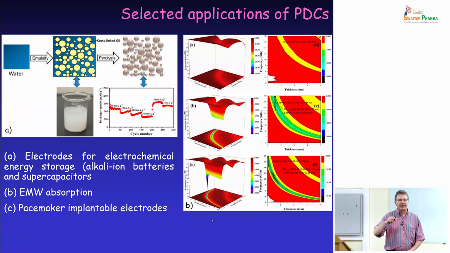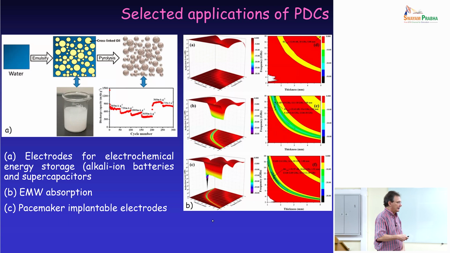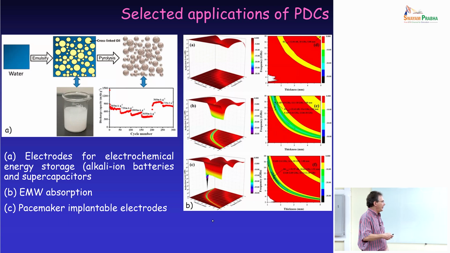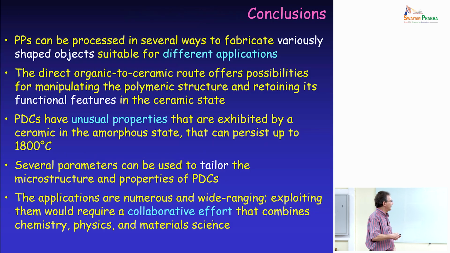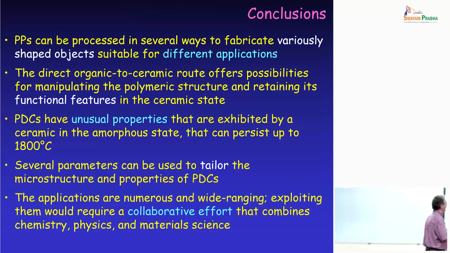You know, a pacemaker electrode you need to screw into the heart muscle, and the screw is based on metal, and often you have a bad reaction between the metal and the tissue. So by coating with an electrically conductive layer, people are able to obtain a safer implantable electrode. Okay, so I don't need to read the conclusions.